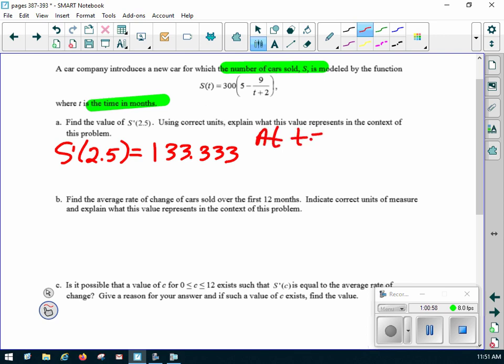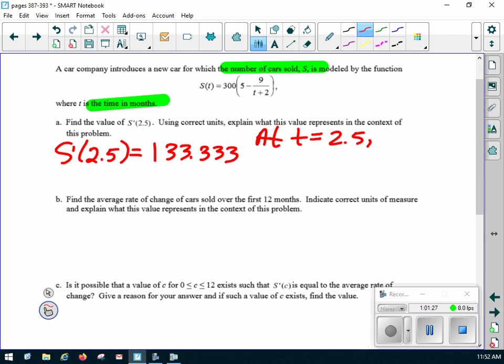So at time equals 2.5, the number of cars sold, how do we want to say this?